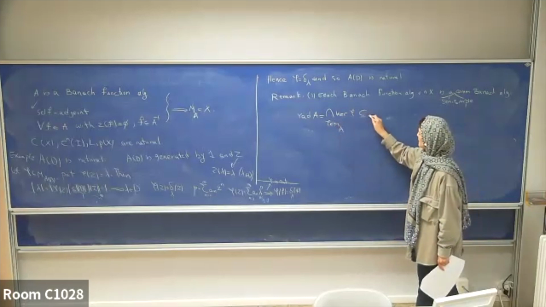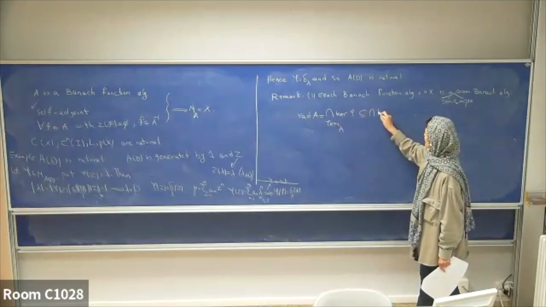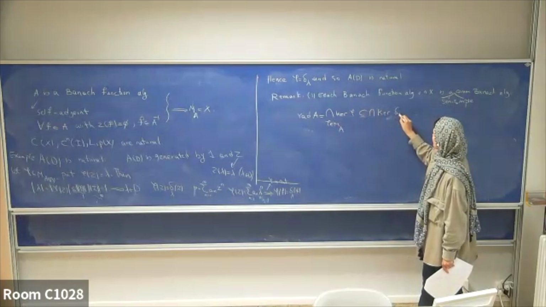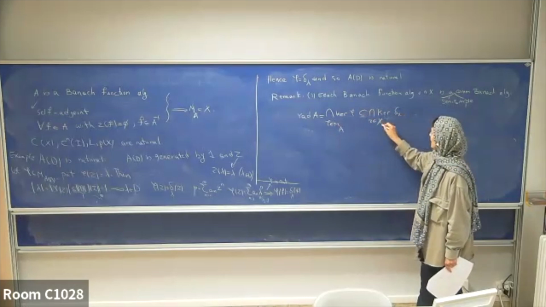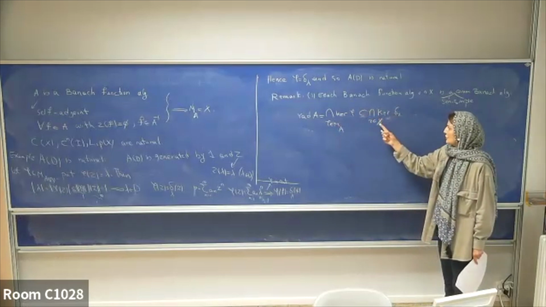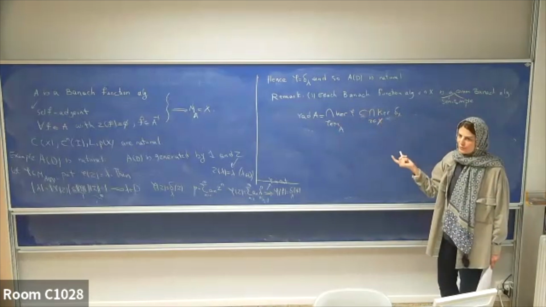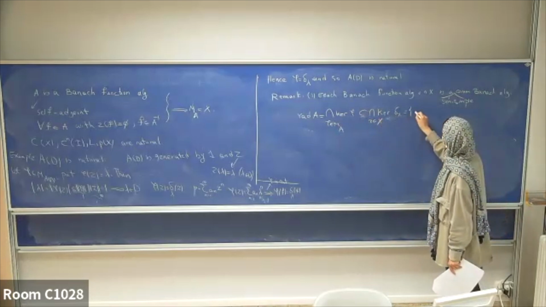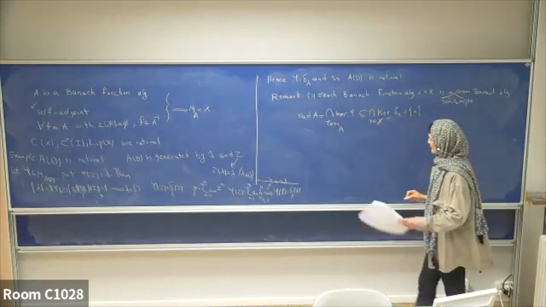Anyway, so this is a subset of the kernel of delta x for x in X. When f is here, it means that for each x, f of x is 0. Finally, this is just the zero function. So it's semi-simple.